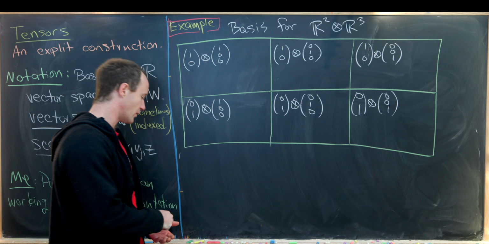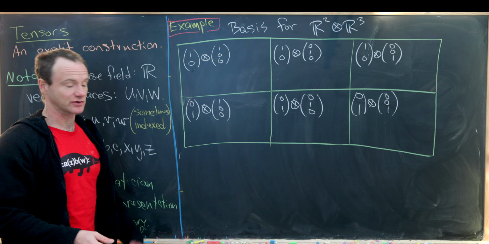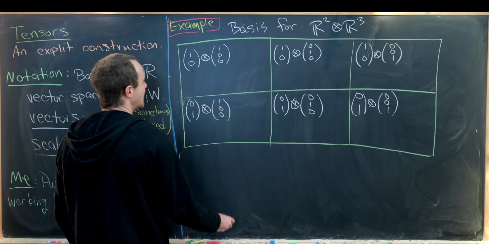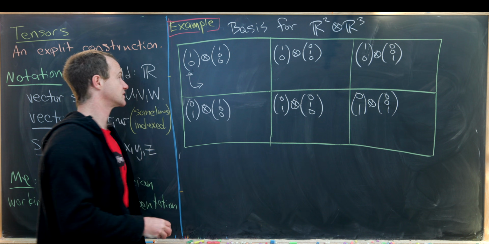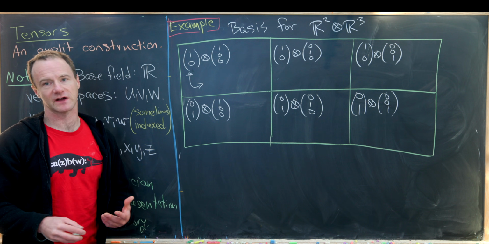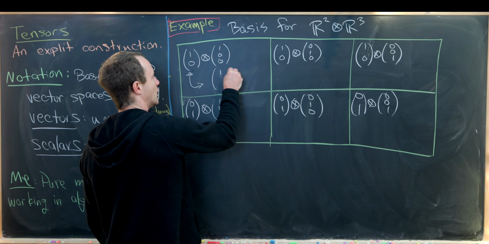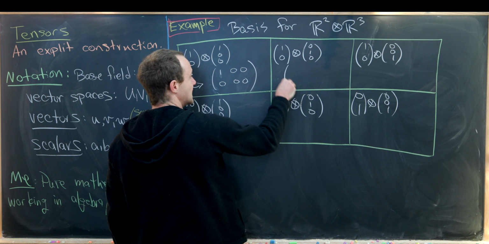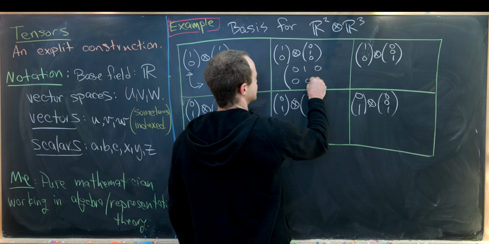And now I'd like to point out that there's another vector space which is naturally 6-dimensional, and that would be the vector space of 2 by 3 matrices. And in fact, there's a nice way of matching these basis vectors with basis vectors for the vector space of 2 by 3 matrices. So this vector will play the role of the matrix (1, 0, 0, 0, 0, 0), and then this one will play the role of (0, 1, 0, 0, 0, 0).